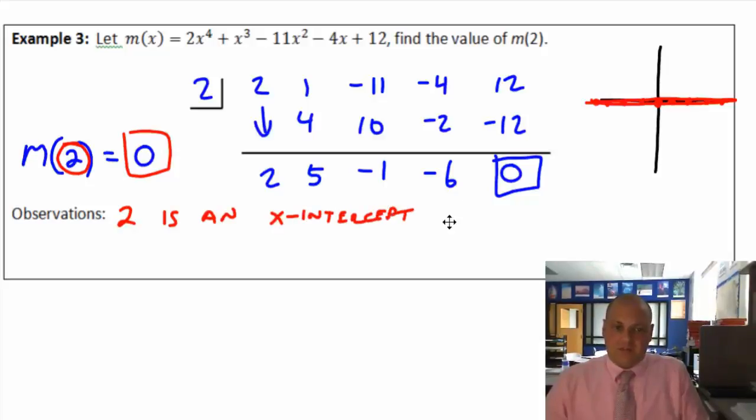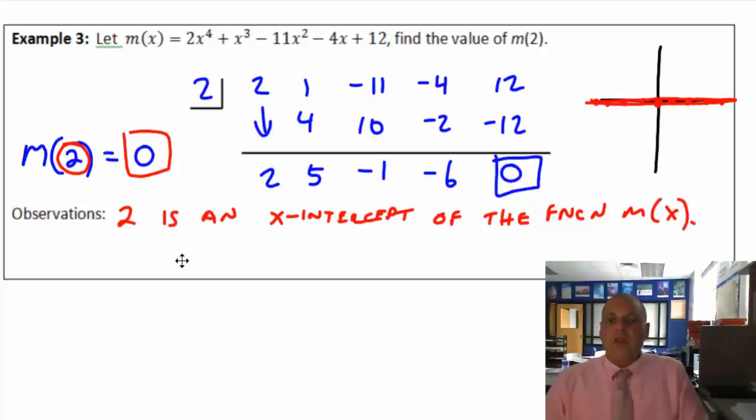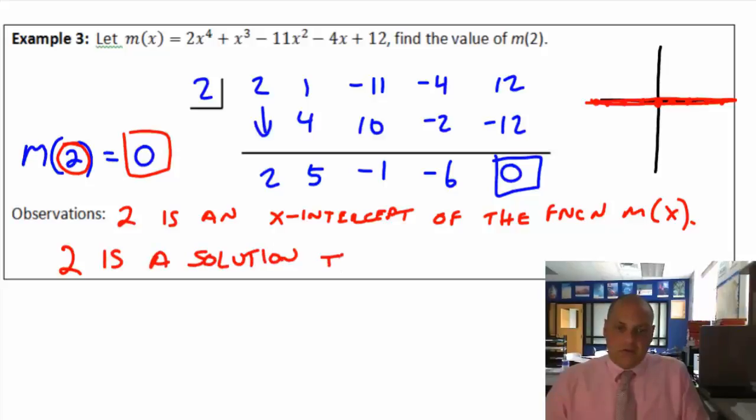An x-intercept of the function. We'll just call it m of x. Another observation you can make, we'll talk about this more in class tomorrow, is that 2 is a solution to the equation.